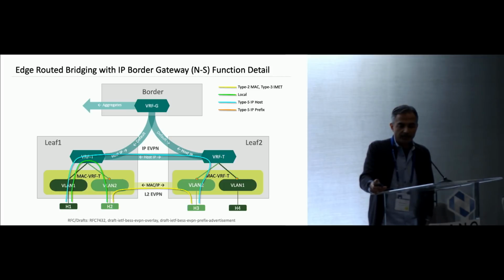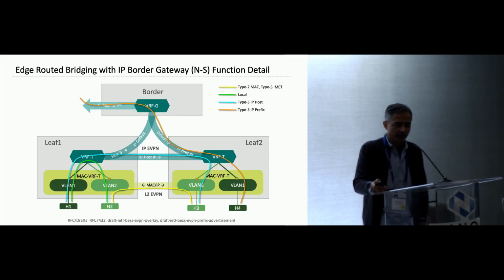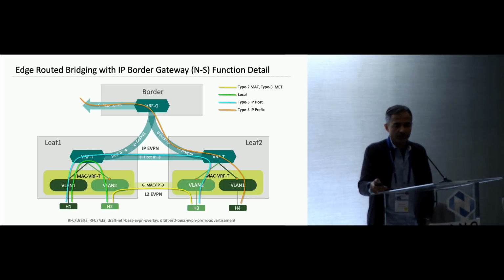We also announce to external, maybe an aggregate of these host routes from the VRFG, and we have communication between the tenant end systems and whichever external networks you need to reach.